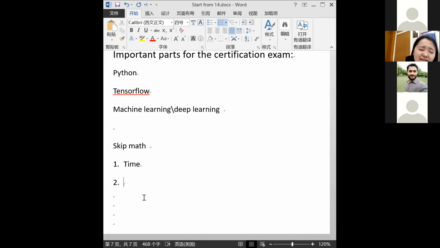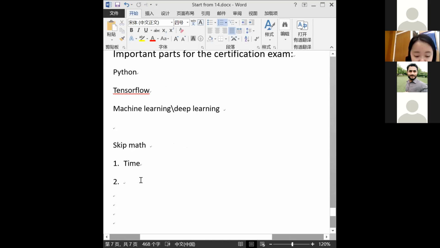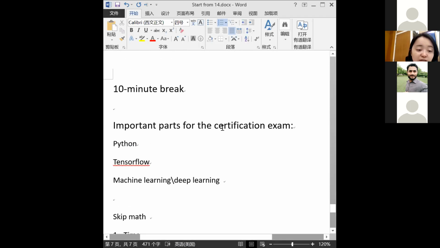And the third and most important reason is that in the certification exam, there are just a few questions from the math part. These few questions are very, very simple. For these questions, you need to focus on the mock exam I showed to you guys the first day to pass the certification exam.